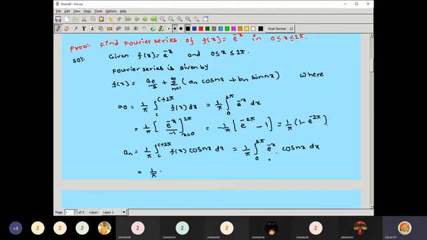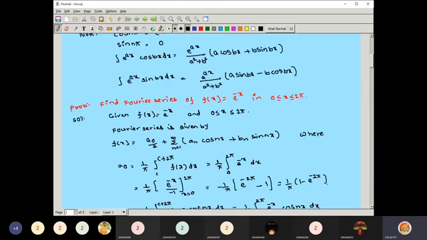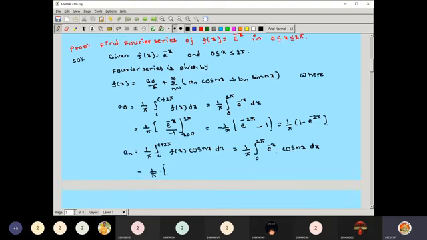Now this is equal to 1 divided by pi. Look at this integral. It is looking like the e power ax into cos bx dx type. Here what is the a value? e power ax, a is minus 1. cos bx, b value is n. So I'm just substituting that particular information. Just now I have given in the note, the integral of e power ax cos bx is e power ax by a square plus b square.